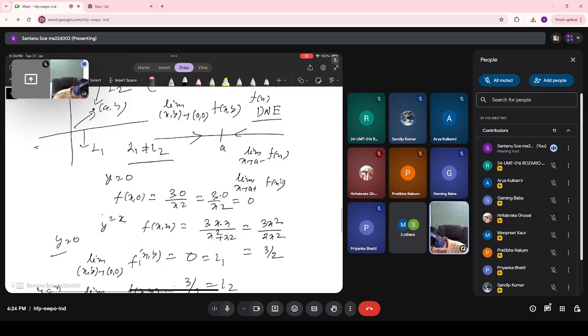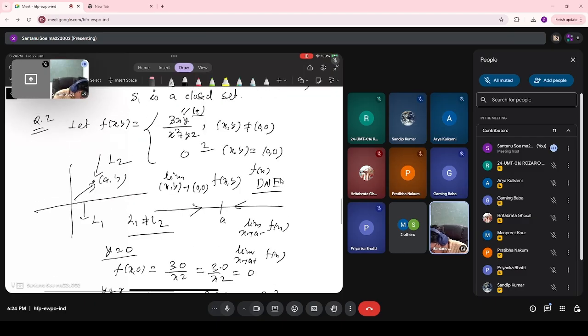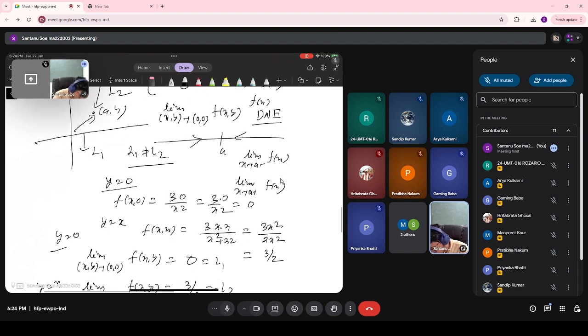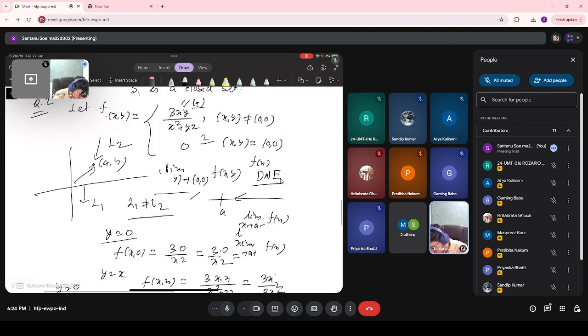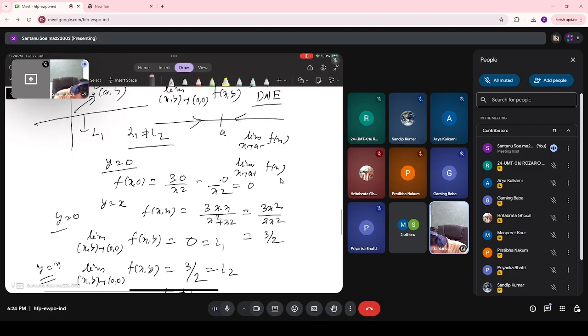So that's why first we choose two different paths. First we choose the path y equals 0. In that case, if you put y equals 0 here, because x is non-zero, x can be taken as any value. Then you can see that this is nothing but 3 into x into 0 divided by x square, because y is 0. So this is 3 into 0 by x square, which is 0. So you can directly write 0 here.